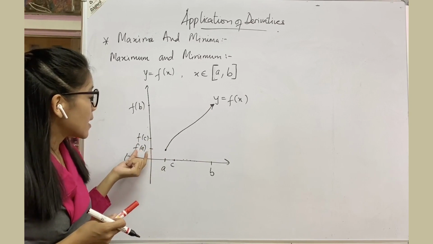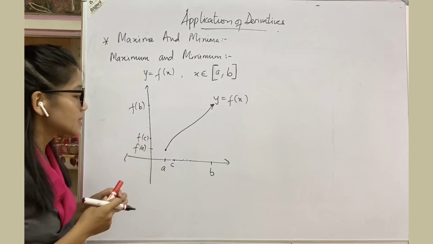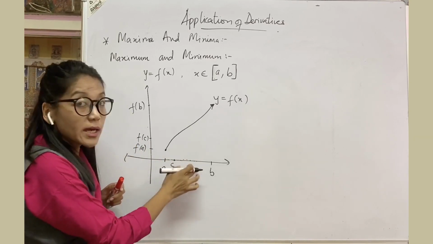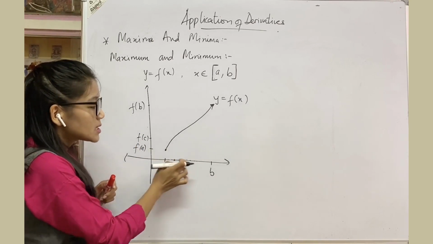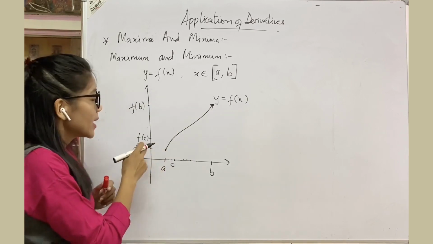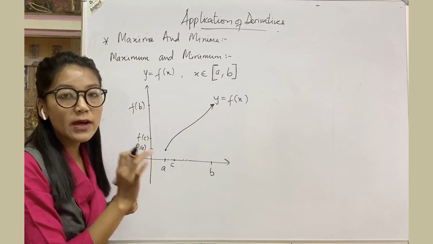When I say f(a) is minimum, this means if we take any point other than a in the interval [a, b], corresponding to these points you will get a function value. All these function values will be greater than or equal to f(a), because f(a) is the minimum value of the function.